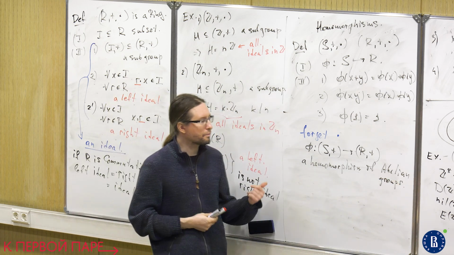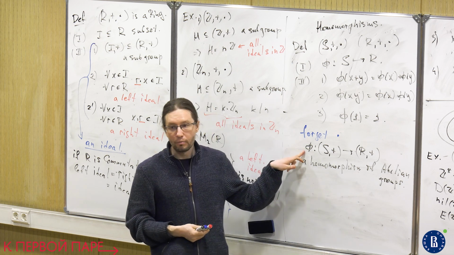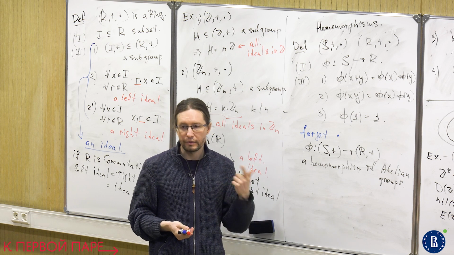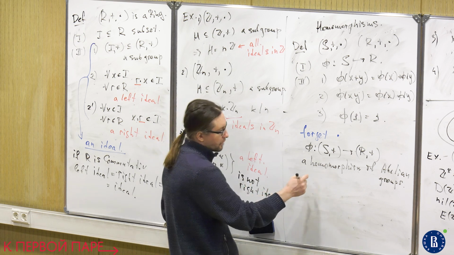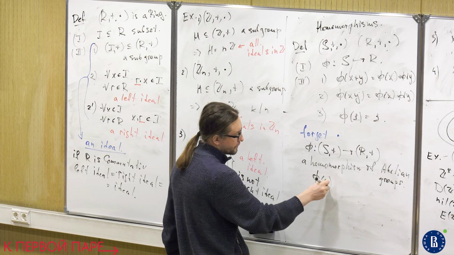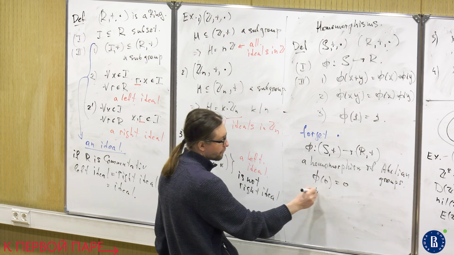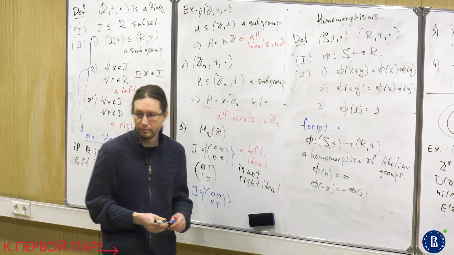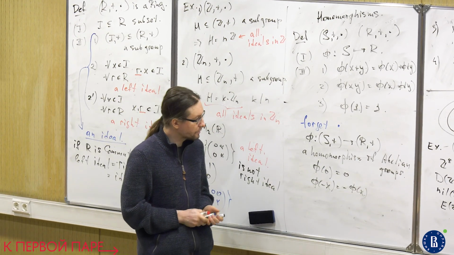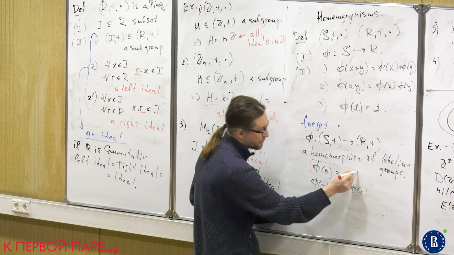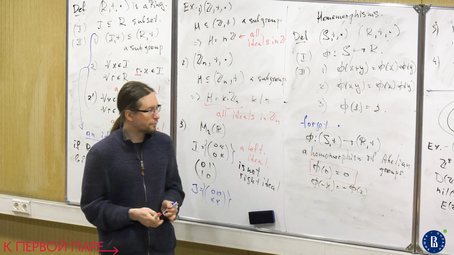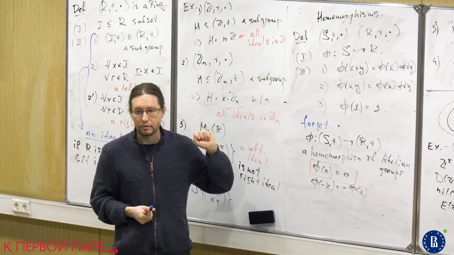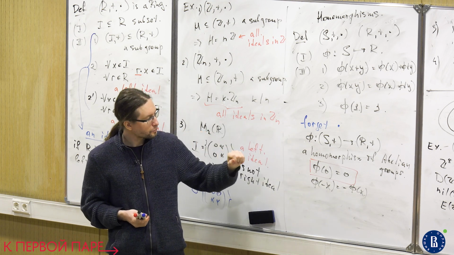If you remember, every homomorphism of groups preserves the neutral element and the inverse element. So because of this, phi of 0 must be 0 and phi of minus x must be minus phi of x. So the fact that phi preserves 0 follows automatically from this property of a homomorphism of groups.